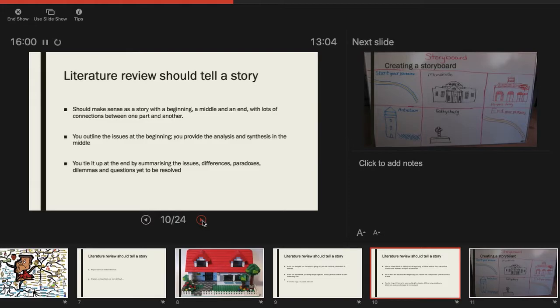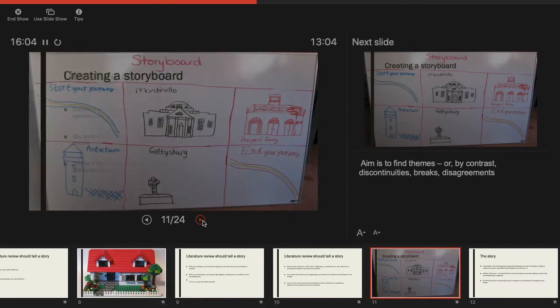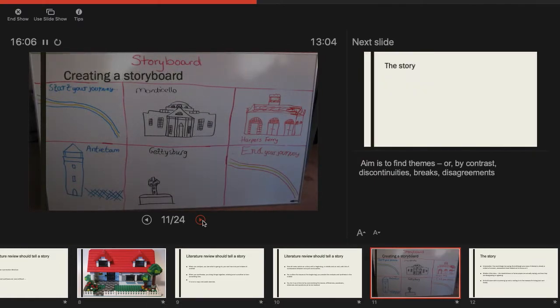So once you've now conceptualized your story, you can also look at creating a storyboard with your literature review, where, for instance, you have this topic and you start making linkages. Let's say, for instance, you want to investigate unemployment or poverty in South Africa.